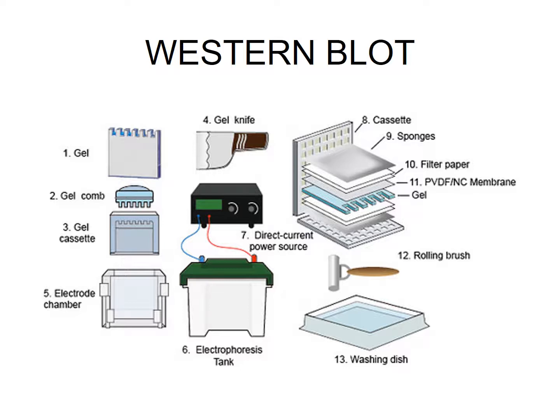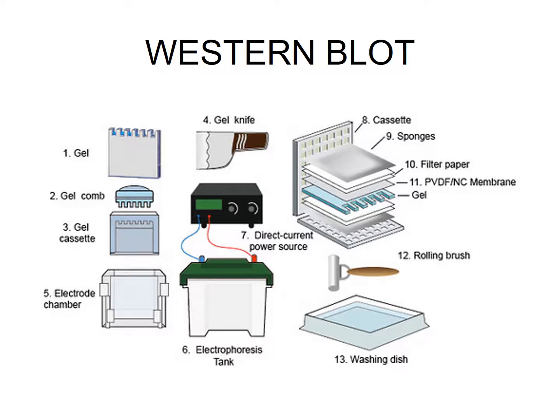After you get the gel, you make a sandwich in a cassette, which looks like little waffle pieces of plastic. There's our gel that we just electrophoresed, and there's some blotting paper in white.